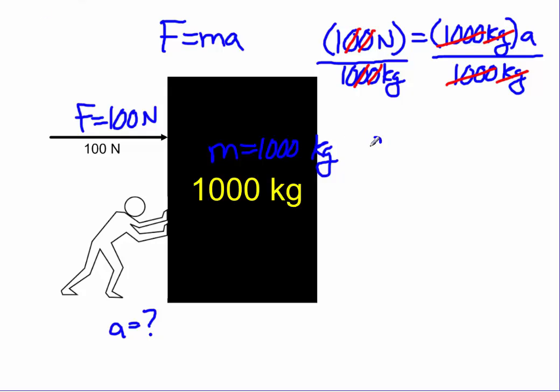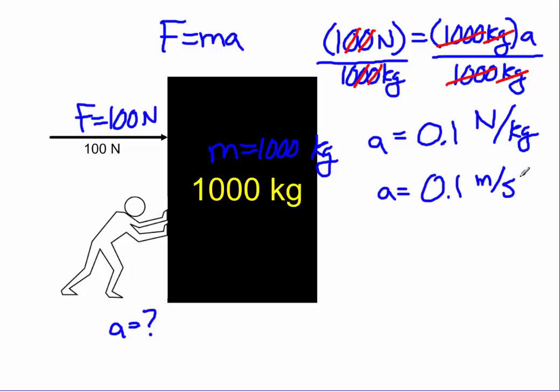Acceleration is equal to 1 over 10, which is the same as 0.1 newtons over kilograms, or 0.1 meters per second squared. Now, if you don't know how we made this jump, that is perfectly okay. We're going to explain that in a later video, but just trust me that acceleration is measured in meters per second squared. So when this man is pushing this very heavy block, he's not able to make it accelerate all that much. That kind of makes sense.